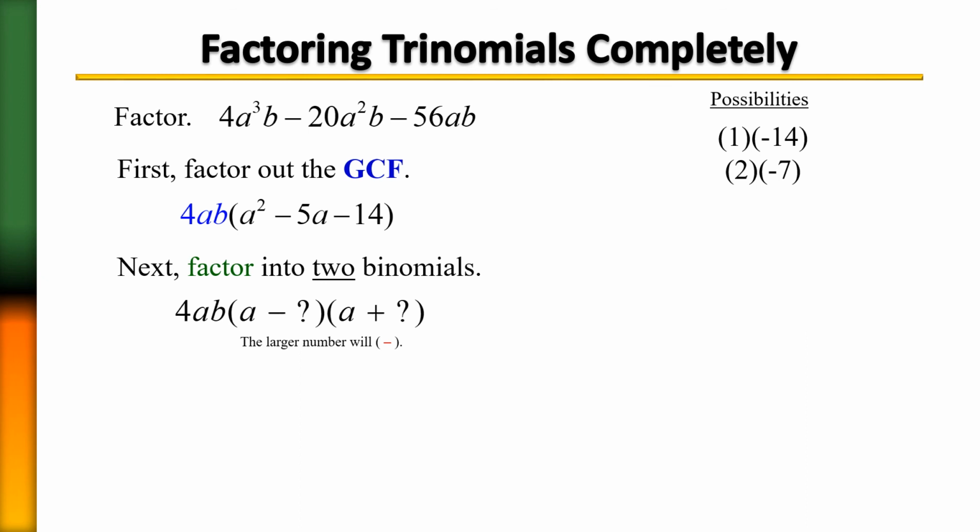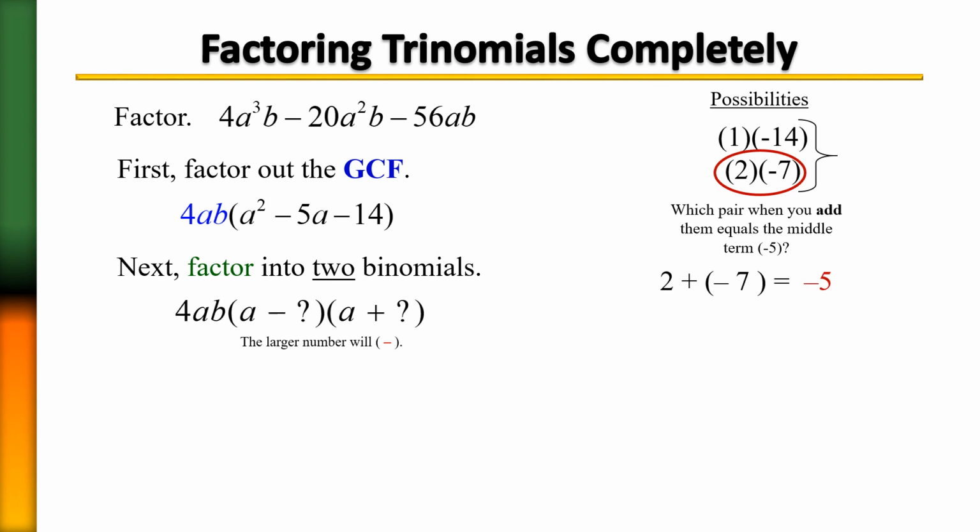Anyway, let's get back to this problem. So the possibility in which it meets both criteria: when we multiply the two numbers together, it equals -14. When we add that same pair of numbers, it's going to equal -5. And so we can obviously see it's the second choice, with the 2 being positive and the 7 being negative.